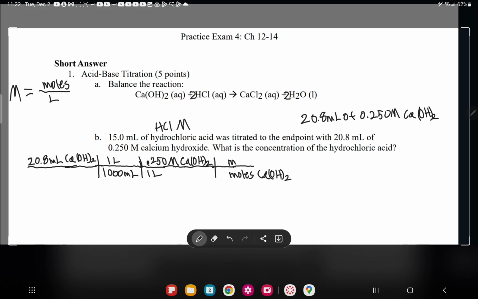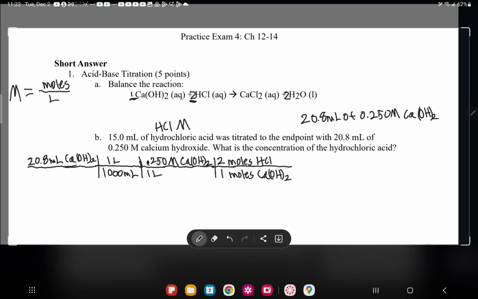And we have the moles of the HCl. That's what we want to find, right? We want to find the HCl. So in this case, we have 2 moles of the HCl, and we have 1 mole of the Ca(OH)2.